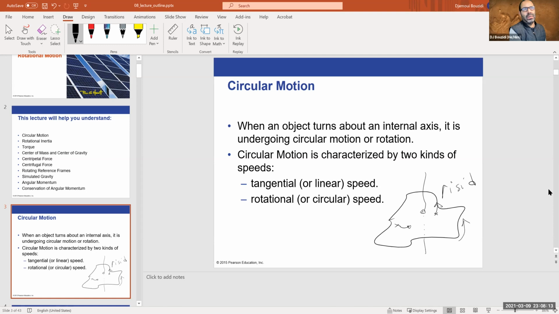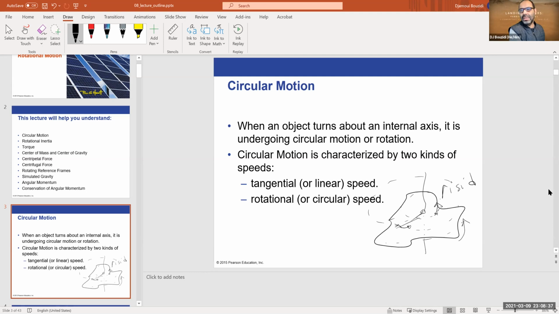If you were to stand in here, like on the merry-go-round, for example, you're going to be moving tangent to this circle, okay? This point has a lower radius, hence it has a lower velocity in this case, but it's moving nonetheless. An object that is in here needs to catch up with that as long as it's rigid, okay?